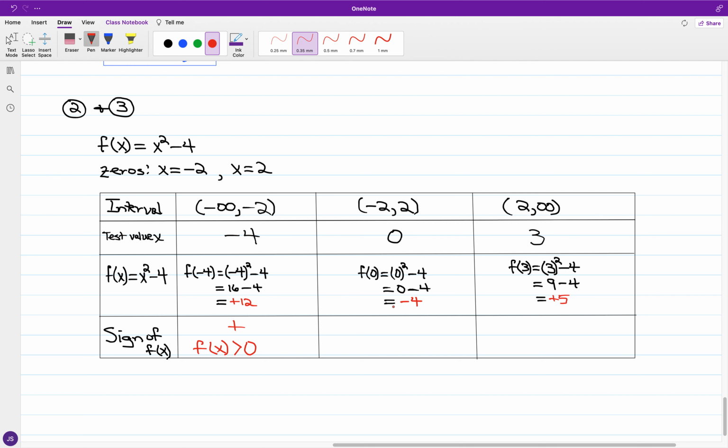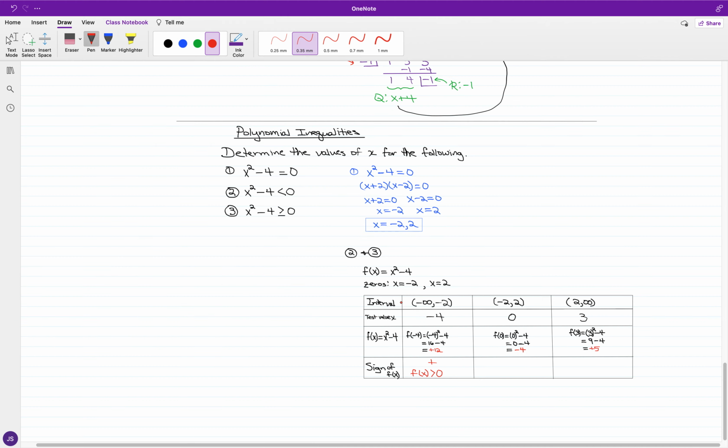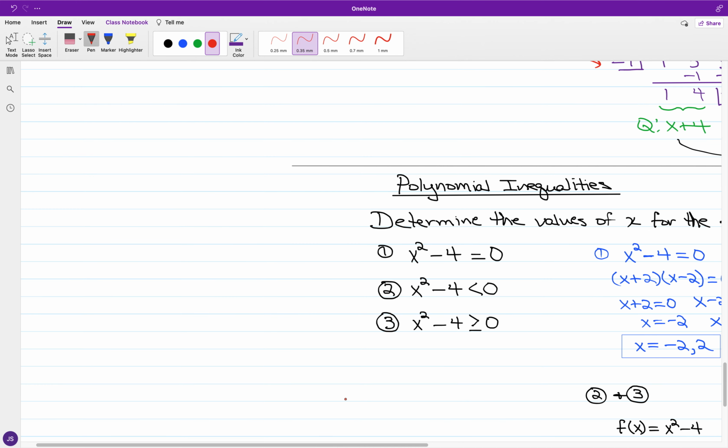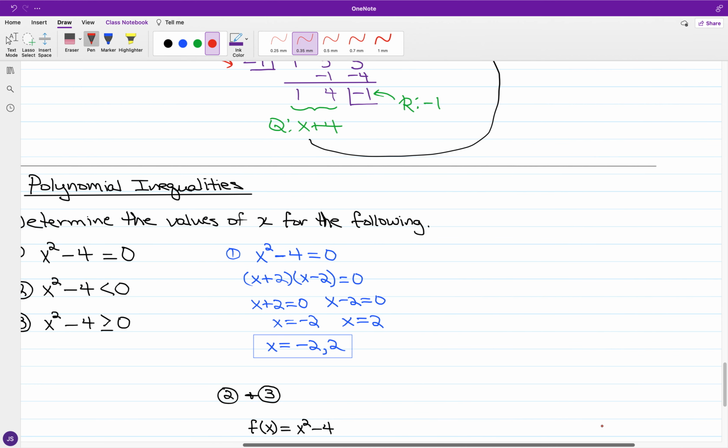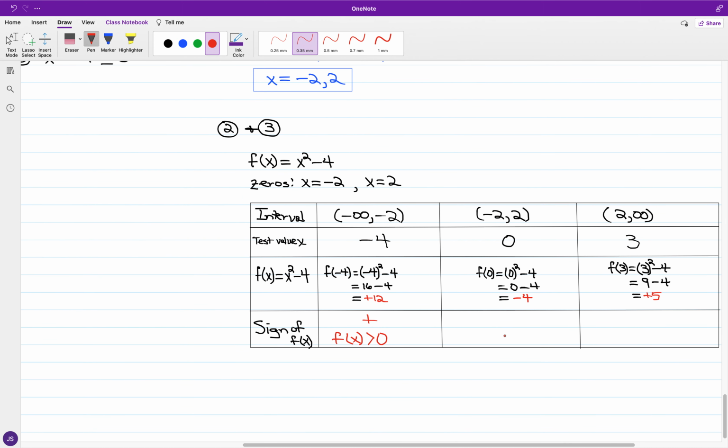Now anything we select for the input that is greater than negative 2 but less than 2, like 0, the output is going to be negative, like f of 0 led to negative 4. So you have f of x less than 0.